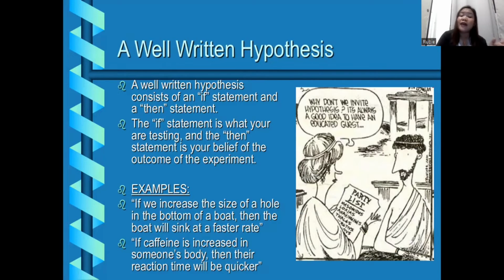For example, if caffeine is increased in someone's body, take note, if caffeine. So what are we going to test in this statement? The amount of caffeine increased in someone's body. Then their reaction time will be quicker. The statement, their reaction time will be quicker, is our belief of the outcome of the experiment.